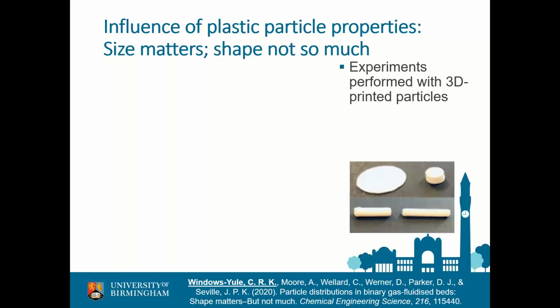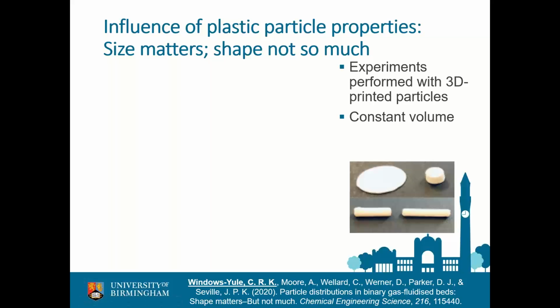And the question that the company put to us was, how much does it actually matter if all these particles are all the same size? In other words, how much time and energy do we have to waste trying to get a uniform geometry in these plastic pellets that we're feeding into our system?